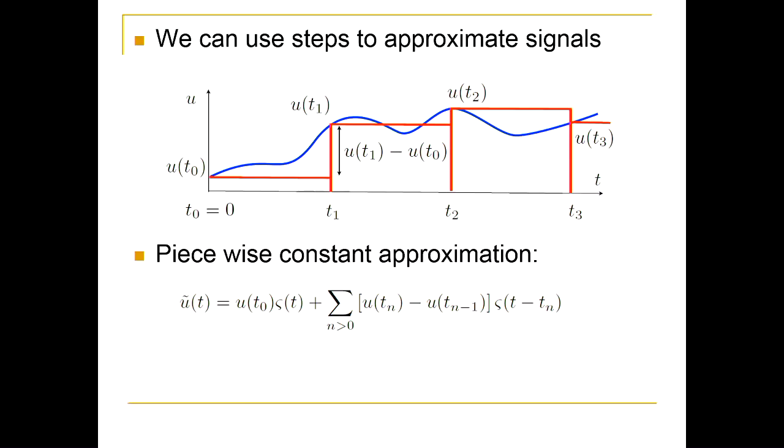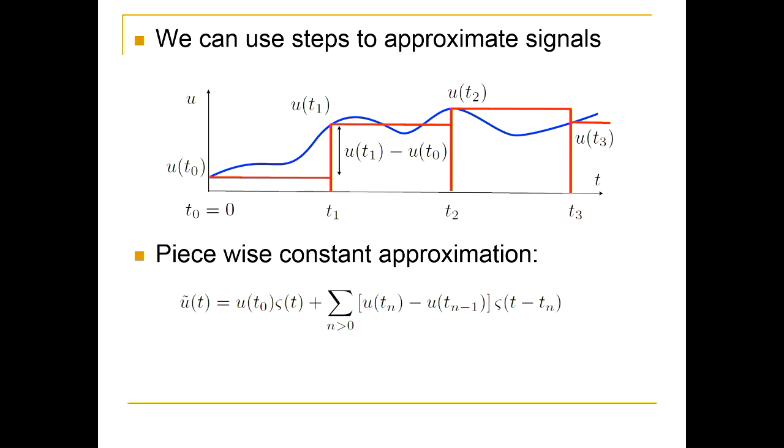But I'm saying now, okay, let me calculate what the output of the system is when I have an arbitrary input. What is given here in this picture is an arbitrary input, and that's the blue curve. Now, this arbitrary input is a bit hard to deal with directly.